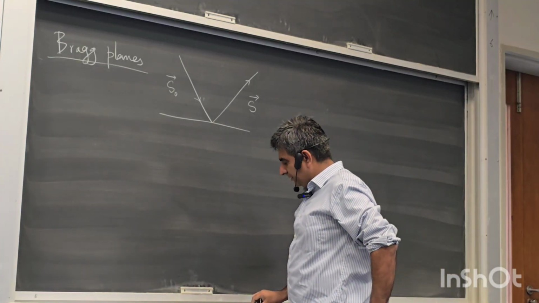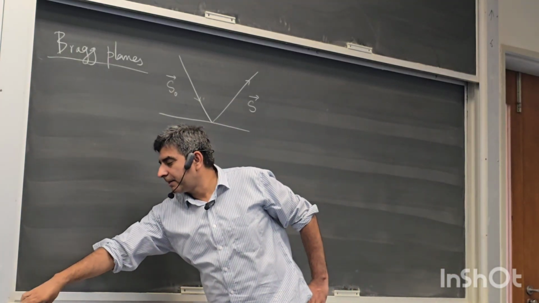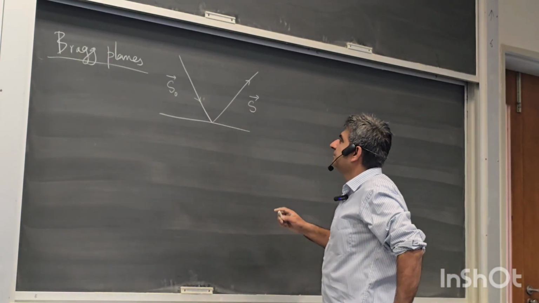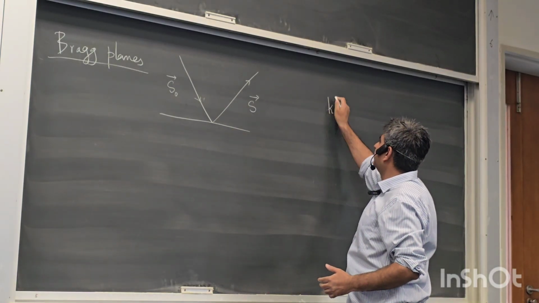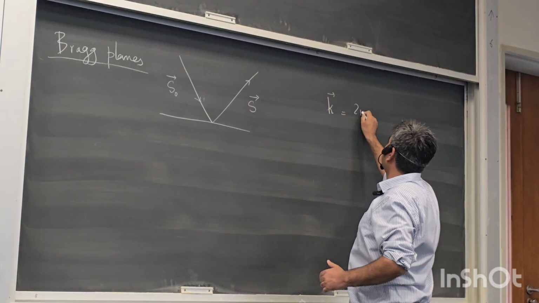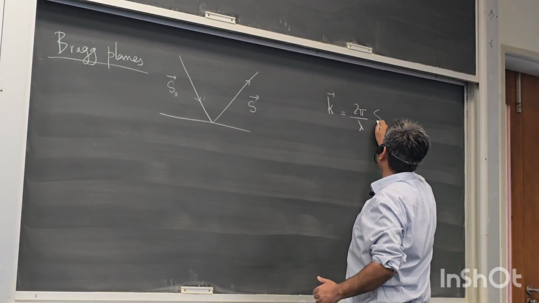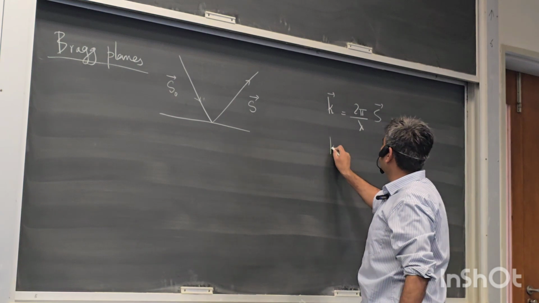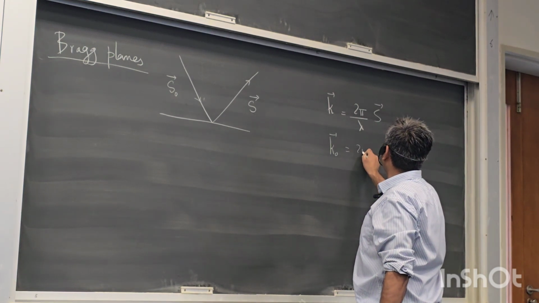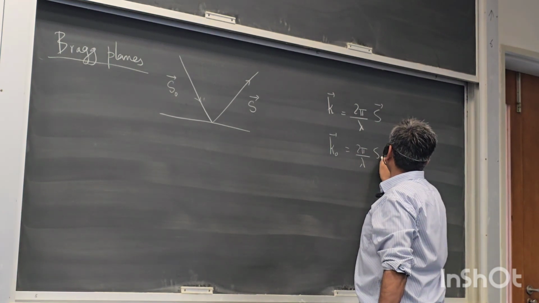Okay, so if I look at this, I also know that my k is 2 pi over lambda S. This is a unit vector, but k is this, and my k naught, my incident wave vector, is 2 pi over lambda S naught.